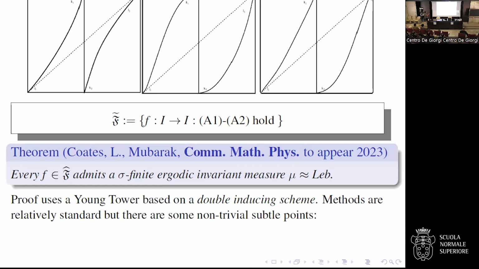The induced map is constructed on a one-sided neighborhood of the discontinuity. I will not have time to define the construction, but it does play an important role in our result. You basically induce from one side to the other side, and then from this side to this side, and then you compose the 2 induced maps.